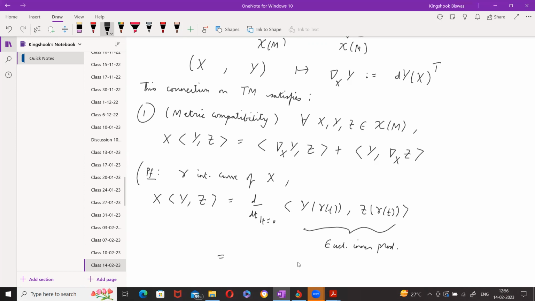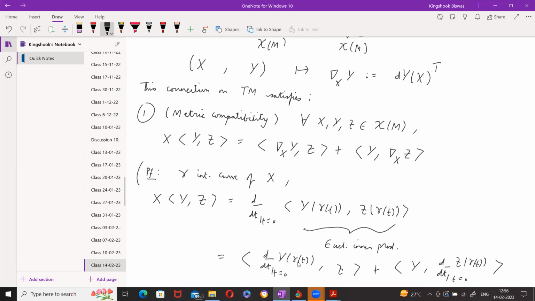So this is going to be the inner product between d/dt at t equal to 0 of Y gamma t with Z, plus Y inner product d/dt at t equal to 0 of Z gamma t.